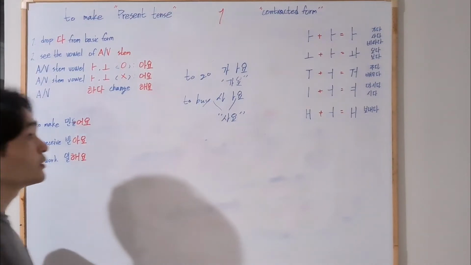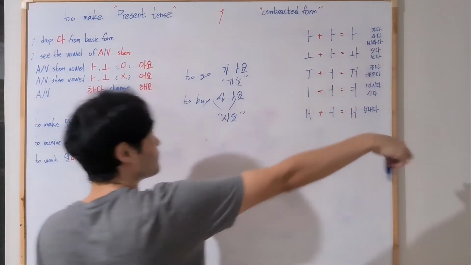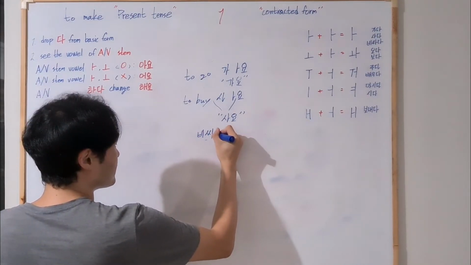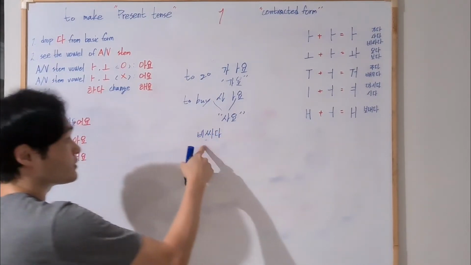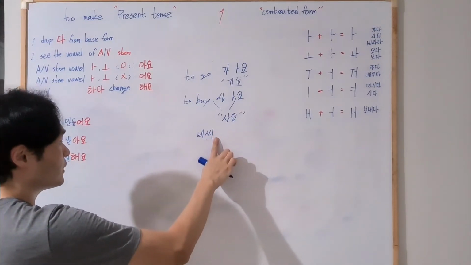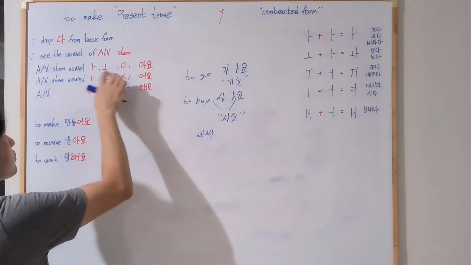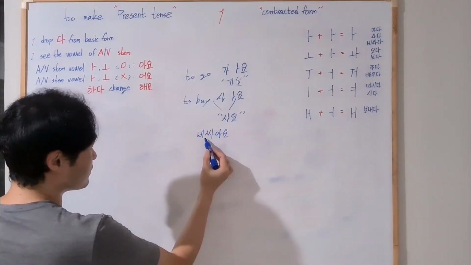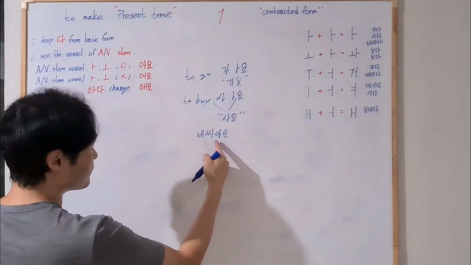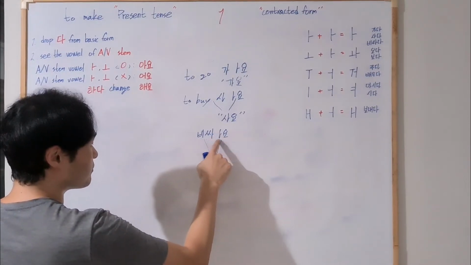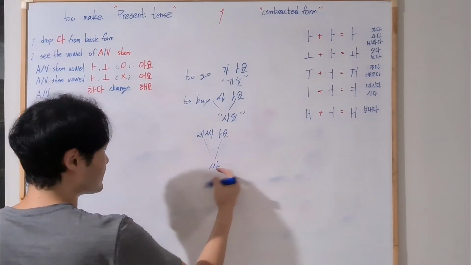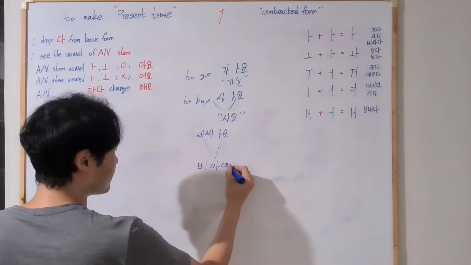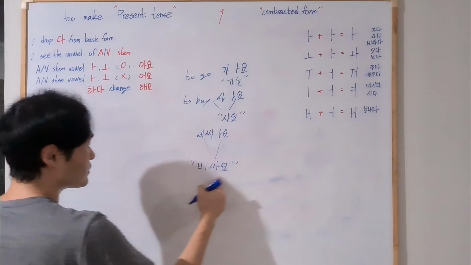Okay? 비싸다, same. 비싸다, expensive. The vowel is 아, so 아요. Here the 이응 has no sound, same vowel. It becomes 싸. 비싸요. This is present tense.